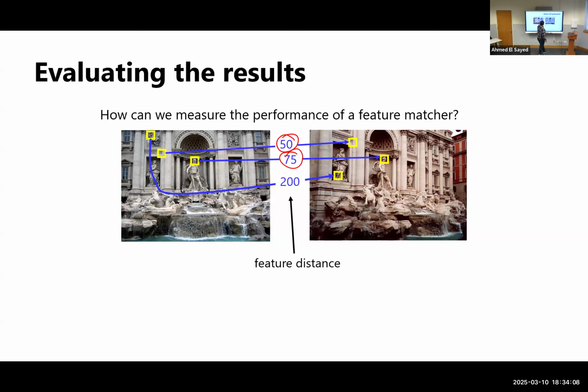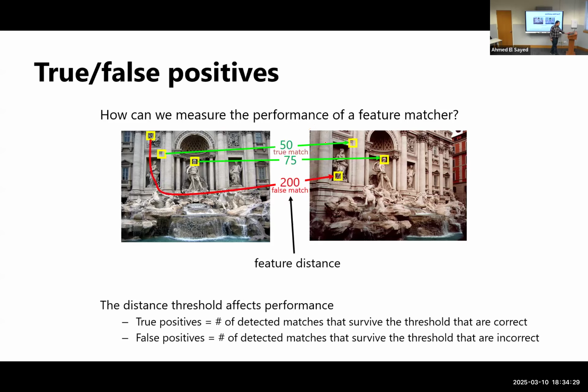This and this come with a minimum distance of 200. Is this a good thing? So this is good. And this is good. Is this a correct match? The answer is no. This is an outlier. And I need to remove it one way or another.